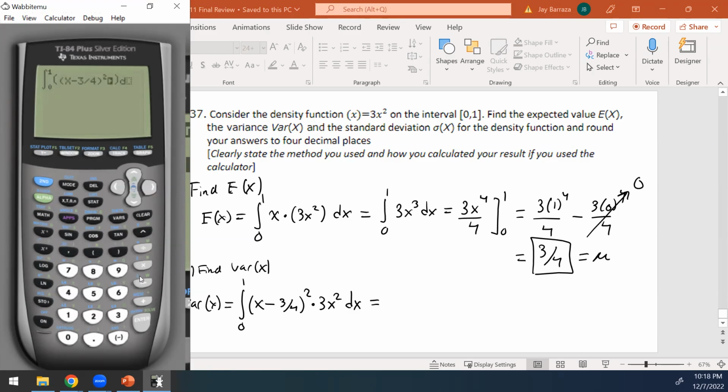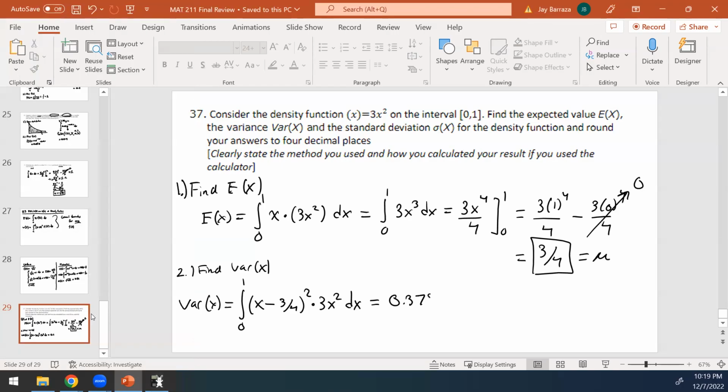Then times 3x squared, and then you have everything. Then you put a dx. That's what it should look like. Press enter, and your answer is 0.375.